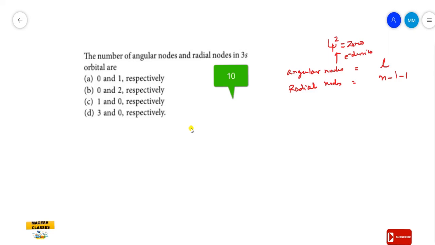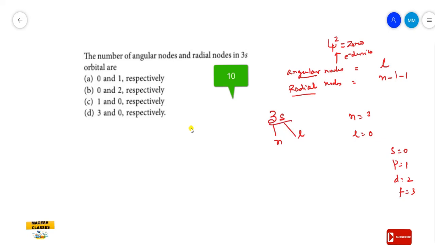So how many angular nodes and how many radial nodes are present for 3s orbitals? We need the n value and the l value. The n value is 3 and the l value for s is 0. Here s is 0, the p orbital is 1, the d orbital is 2, and the f orbital is 3, for the azimuthal quantum number.